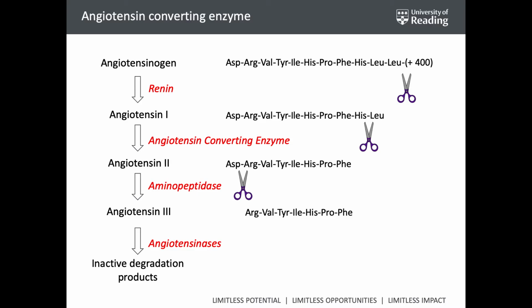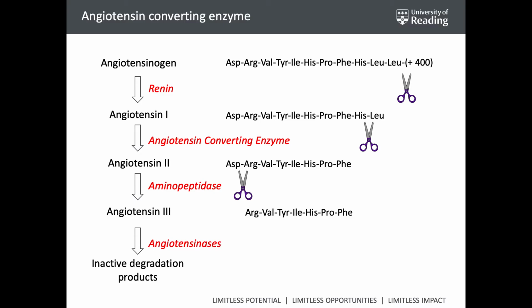This is cleaved by renin to release a smaller peptide. You then have angiotensin converting enzyme cutting off a small sequence at the C-terminal end of the peptide, which is then processed into angiotensin 2. There are then further enzymatic events which reduce the size and activity of the peptide thereon.